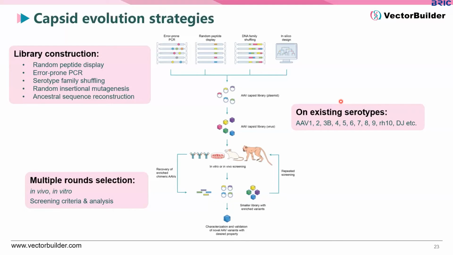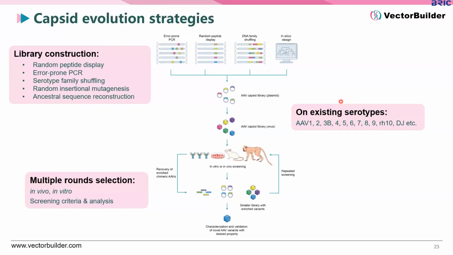This is one of the popular choices for doing peptide display. Some others are error-prone PCR, serotype family shuffling, insertional mutagenesis, and also ancestral sequence reconstruction. Because VectorBuilder has been dealing with a lot of different serotypes, we can do this library construction on existing serotypes, and AAV 1, 2, 8, and 9 are also very popular choices.